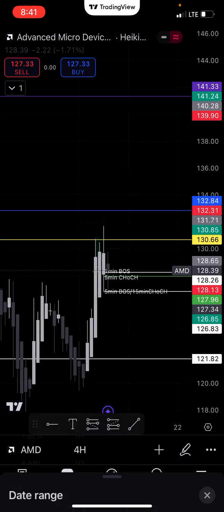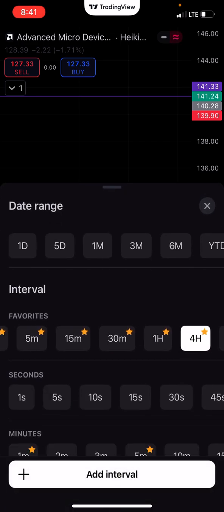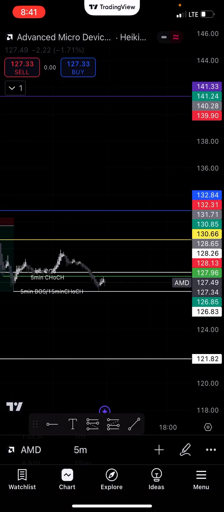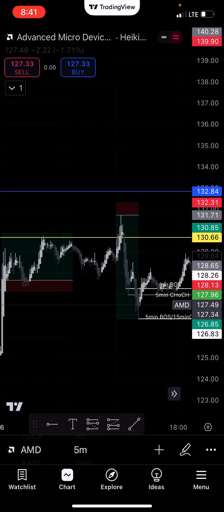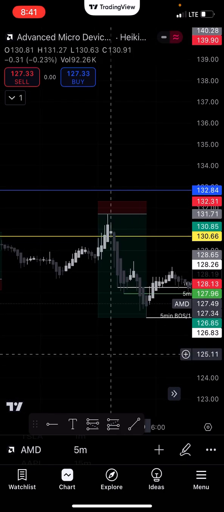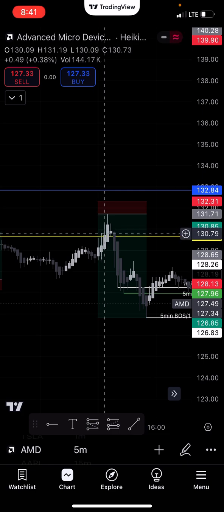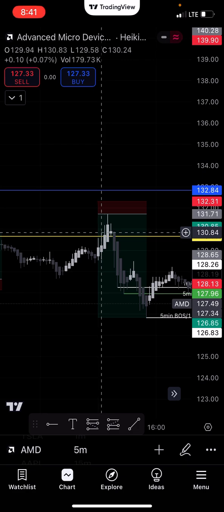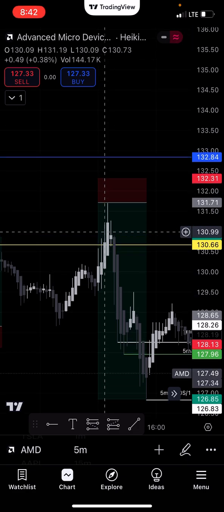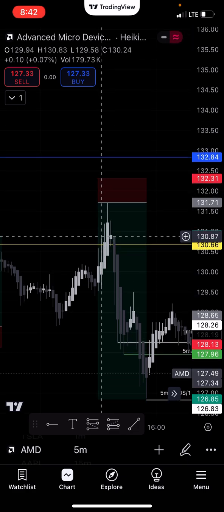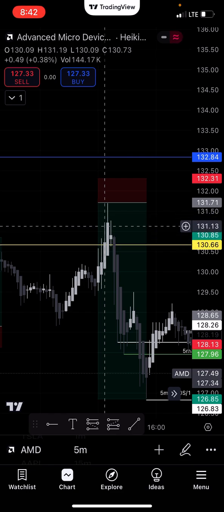So after we broke those highs, I looked for low volume on the 5-minute time frame. And I noticed after we broke the highs right here, we didn't get a good candle body closure outside of the highs right here, we just wicked past it, and then it closed down below.